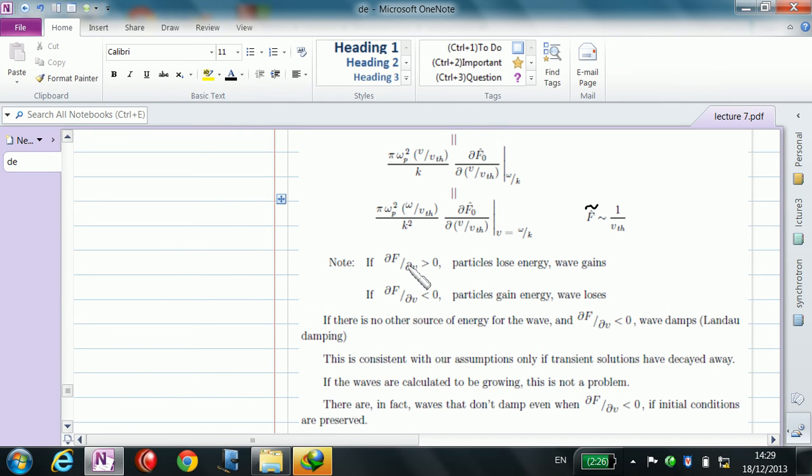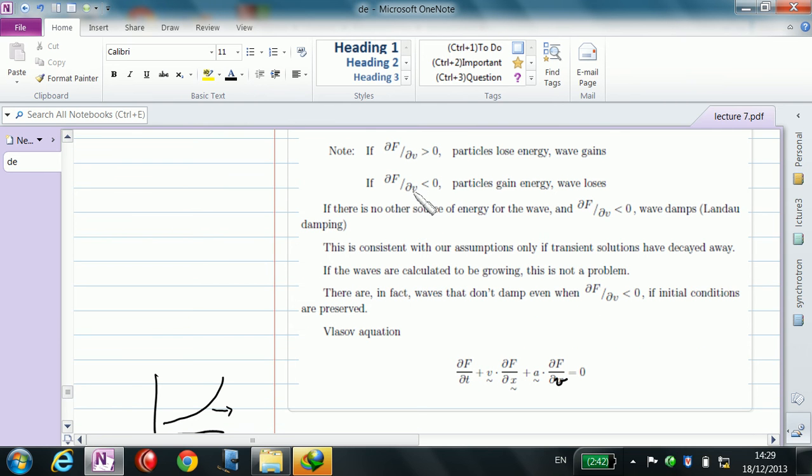So as I said before, if this is positive, the particles lose energy to the wave right around the resonance, and if it's negative, they gain energy. In other words, this is a classical... So the brightness temperature is essentially very high, so it's going to flatten out the distribution at the resonant frequency.